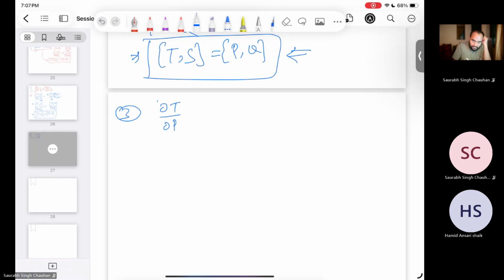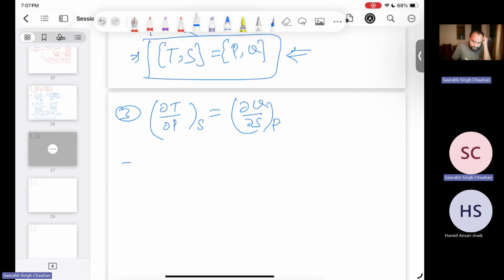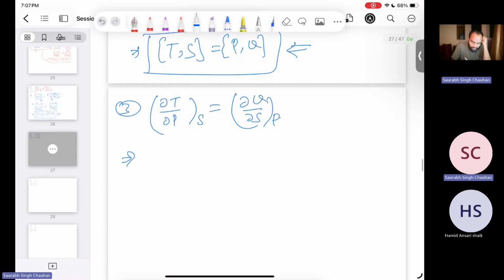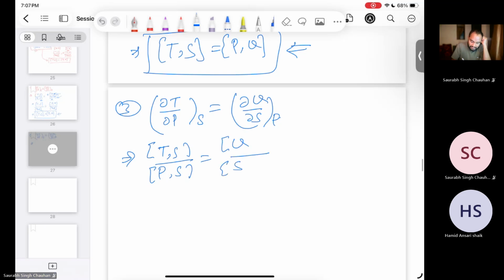So V by S comma P. Just write T, P, and S will be twice, P, S, and P will be twice. Just flip the sign again.